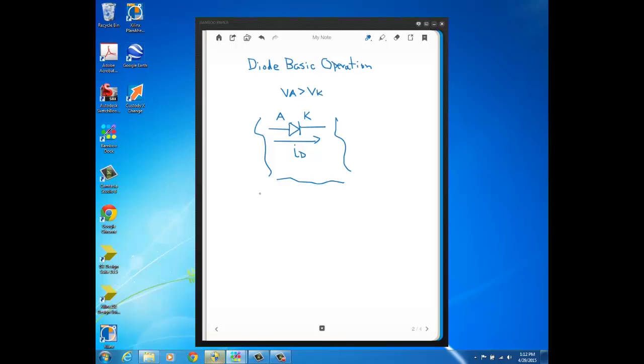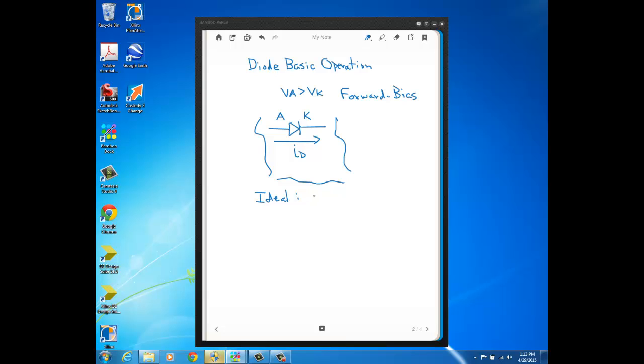Now, let's consider the amount of voltage across a diode when current is flowing anode to cathode. And by the way, when we have this condition, it's called forward bias. When current is flowing anode to cathode, we call that the forward bias current.